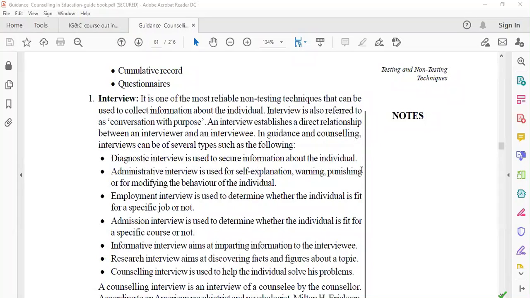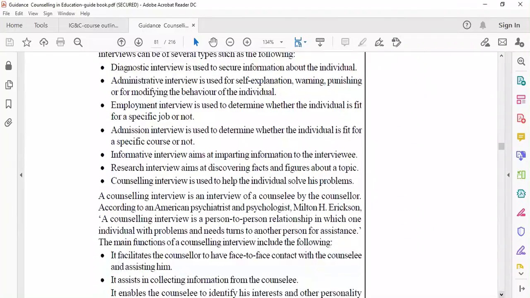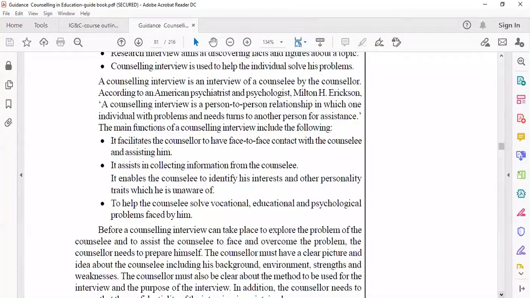Through interview, we ask questions from our students, and collect the responses of our student or our client, because in a guidance and counseling setting, a student can be called a client as well. The school counselors and psychologists who provide counseling in a school setting use the word client for the person to whom they are providing guidance and counseling.